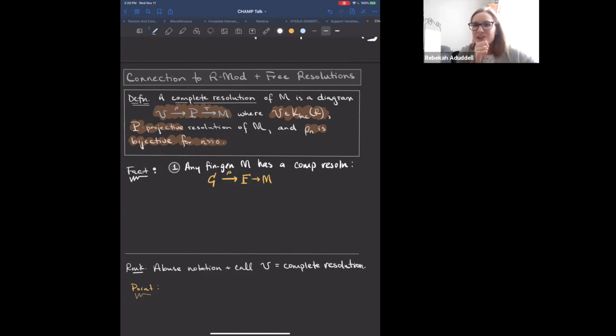So yeah, I should say this. Most of what I care about is when R is a complete intersection, because the existence of this complete resolution is equivalent to the finiteness of the G dimension of M. Oh yeah. In general. So then yes, I'm assuming that. Okay, cool. Thank you. No problem.